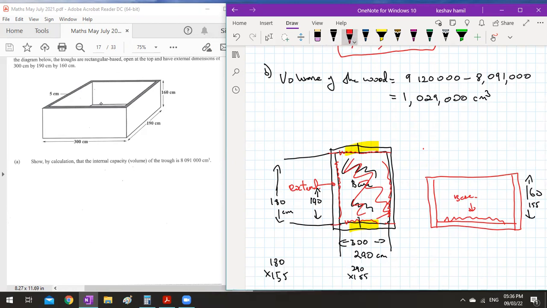And remember, this will be by 2 because you have this wall and this wall. So let's multiply this by 2, and this by 2. So we'll have the 4 sides. And now the base would be 180 by 290.